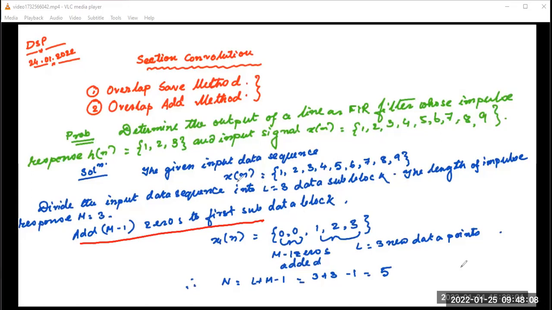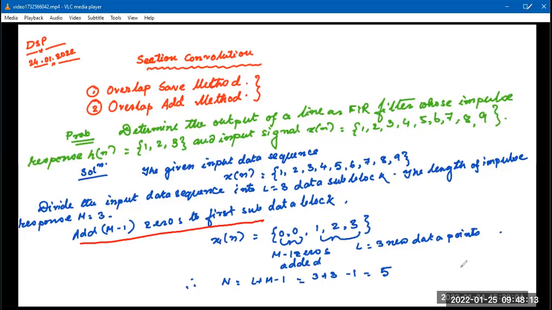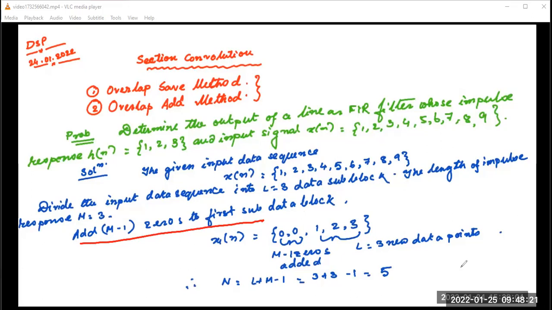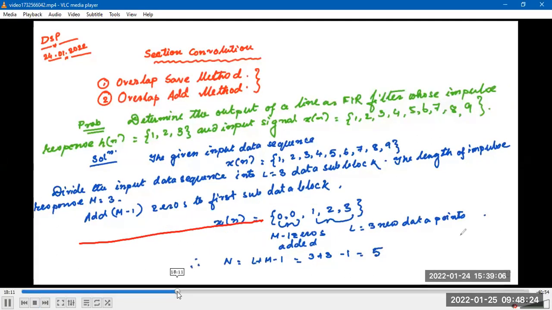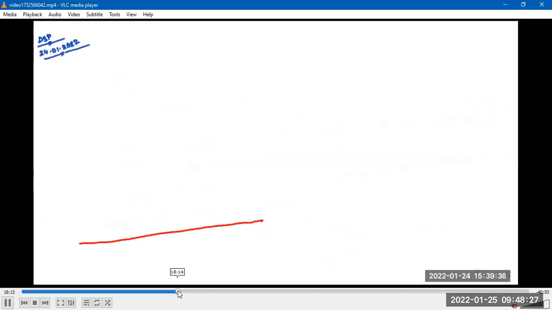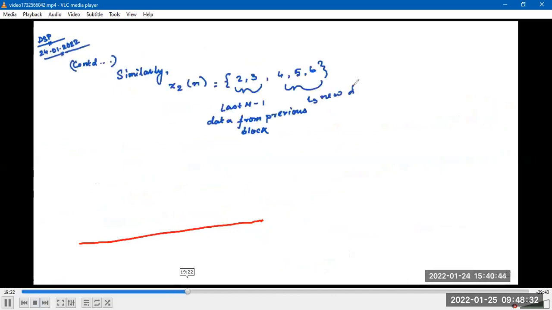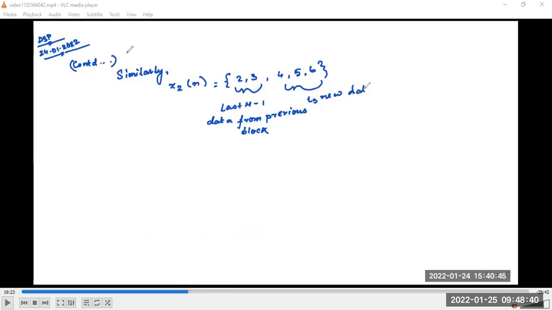And then, if you see it more precisely, we are getting the last m minus 1 values of the previous data block.